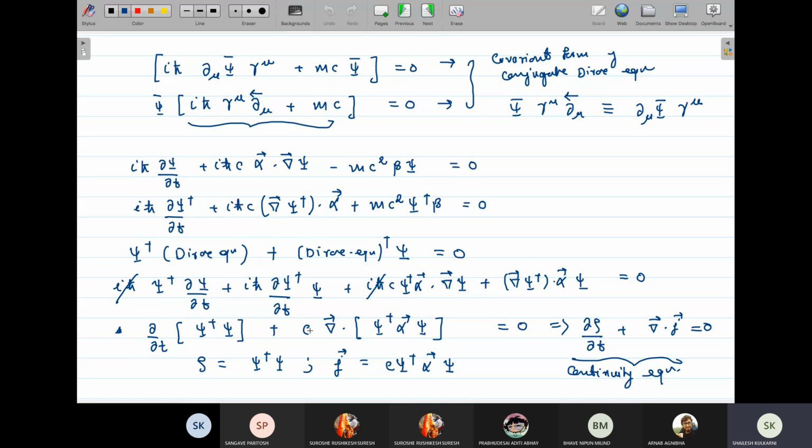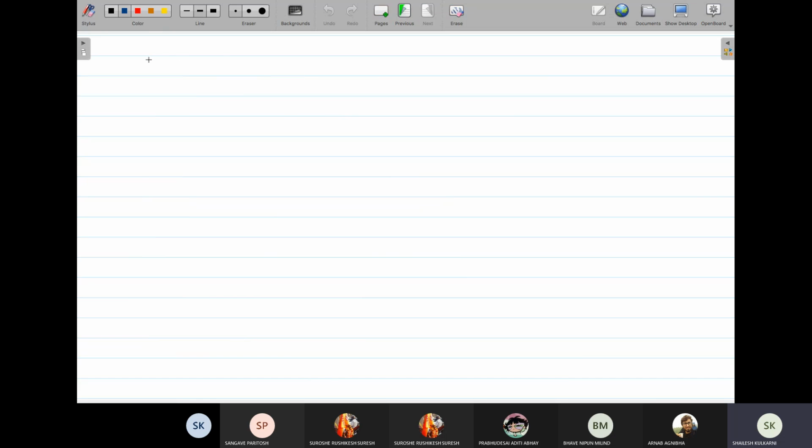And then I will divide it by C. That will make this as del x0. So I can write this expression in a combined way as del mu psi bar gamma mu psi equal to 0.